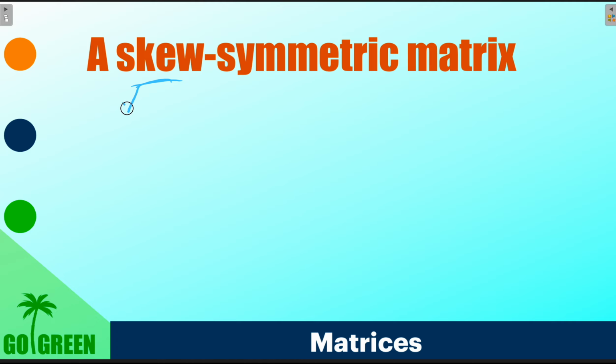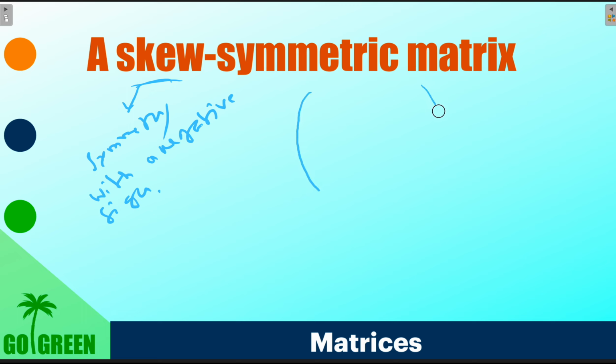Symmetry with a negative sign. Okay, so what is that? Well, in this case the diagonals must be 0.